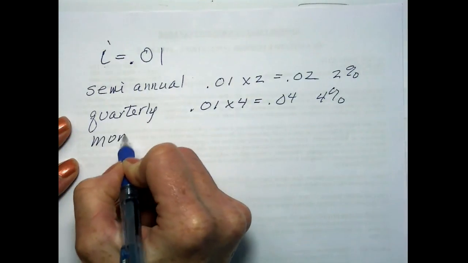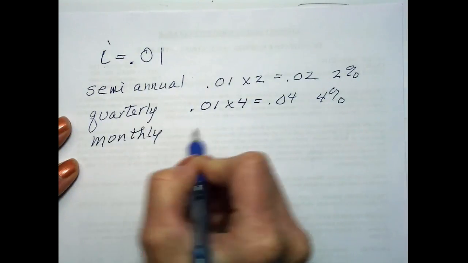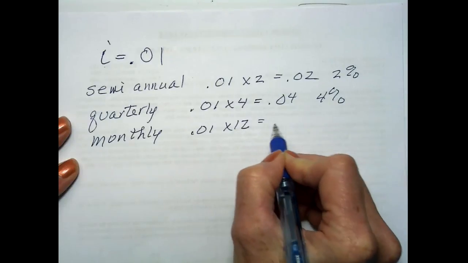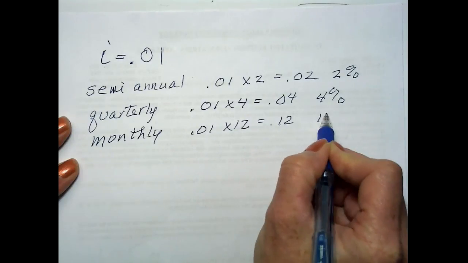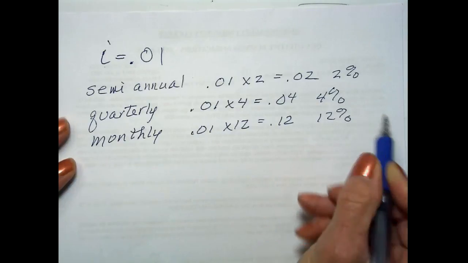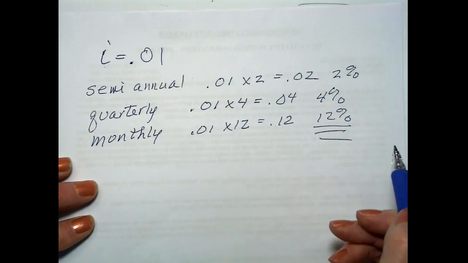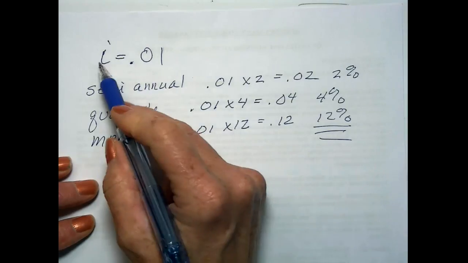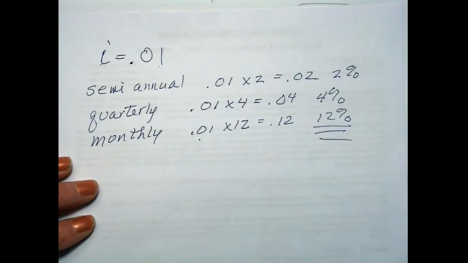And let's just do monthly, 0.01 times 12, 12% annual interest rate. This is how I would like to see an answer on a test. Don't leave it as I equals 0.01. You will get it wrong.